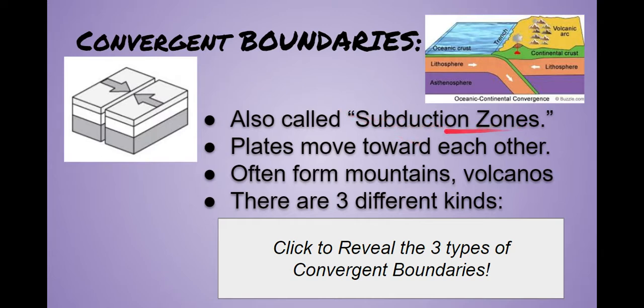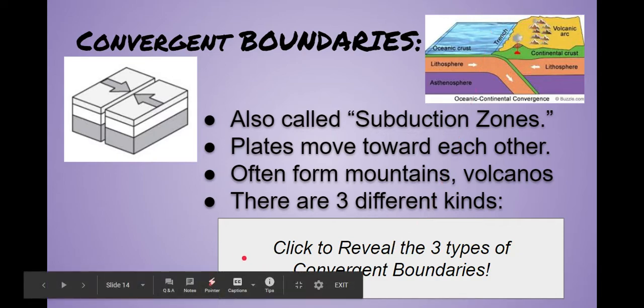A subduction zone and a convergent boundary are usually the same thing. Subduction means it gets pushed down. So when these two plates crash into each other, one of them comes out on top, one of them gets pushed down. When that happens, that tends to form a lot of volcanic mountains. So, like mountains and volcanoes and stuff.